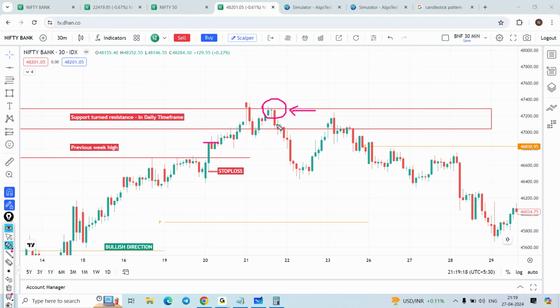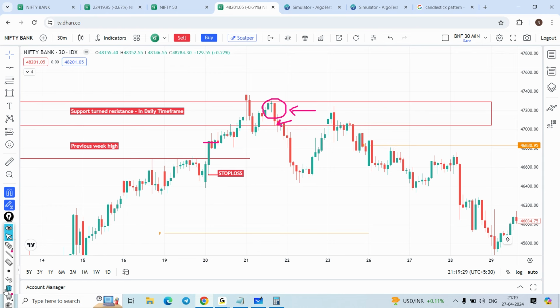From here, price is trading here. The entry point is 46,880. Now it is trading at 47,080 levels. So from the entry level, Bank Nifty is still up 200 points. Everyone agree?